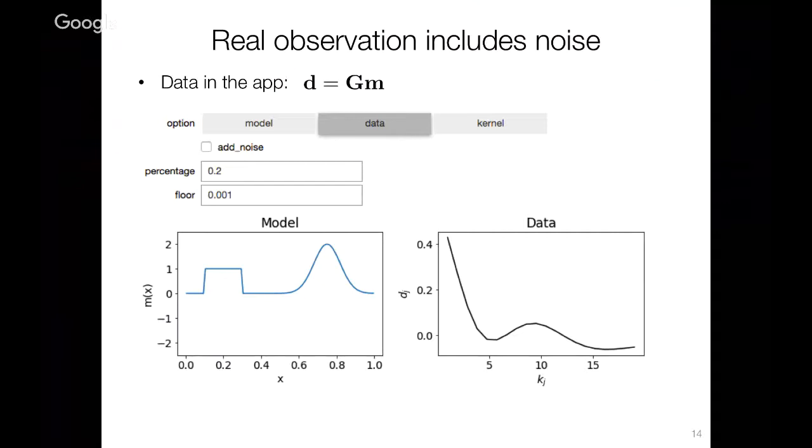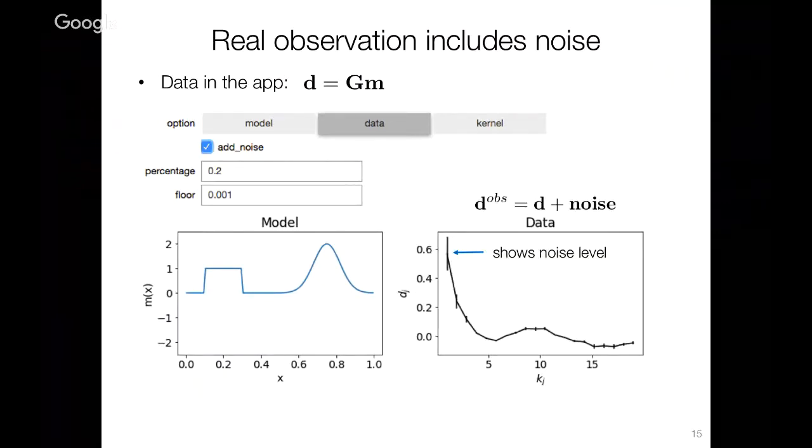Let's say 5%, so 0.05 times the absolute value of the truth plus some floor, which might be whatever you choose it. So that's how we're going to work with that. To add the noise, and that gives us something now that looks like this.